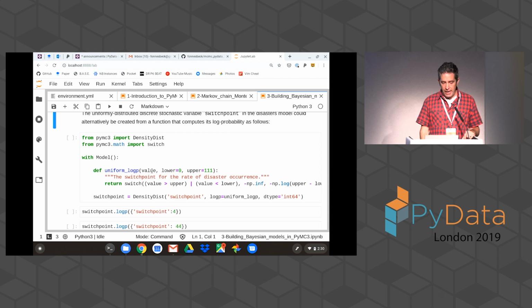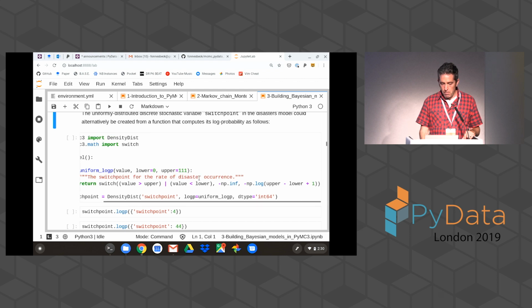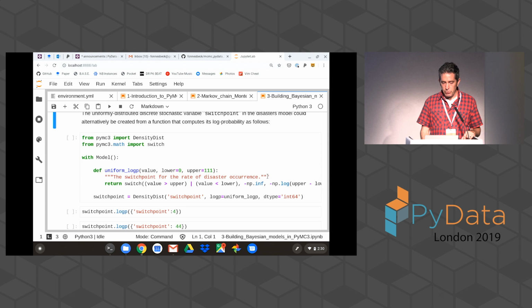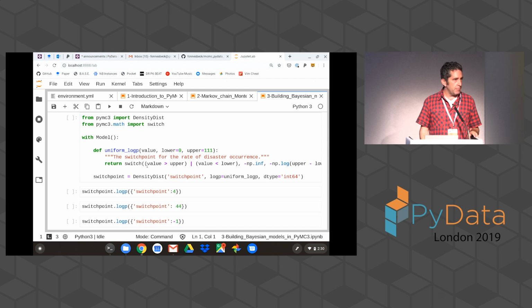It just takes some value between some lower and upper bound, and returns. You just go to Wikipedia and look up what the probability distribution function is, and you code it up, and that's what it does. I'm returning negative infinity if it's outside the bounds. And then I wrap that in a density dist object, which, as the name implies, is a density distribution, where the log p is your log probability function.